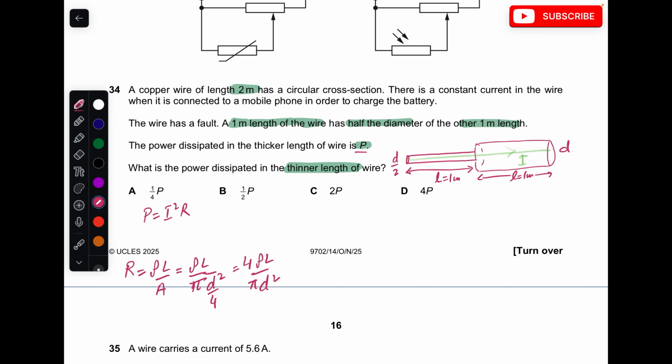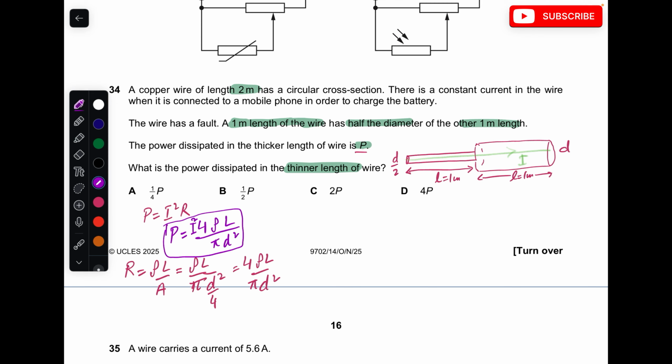This is the resistance. Putting this here, P is equal to 4 rho L I squared over pi d squared. This is the expression for the power when the diameter is D.